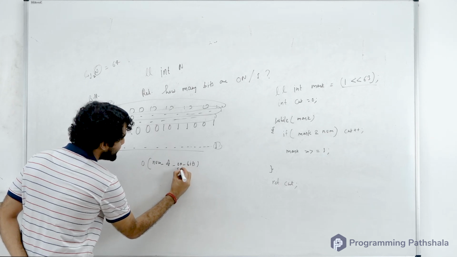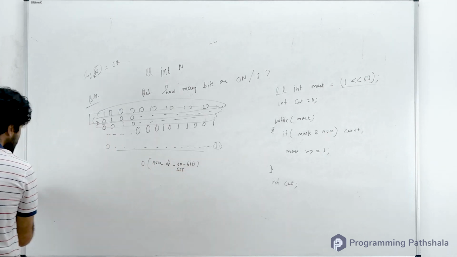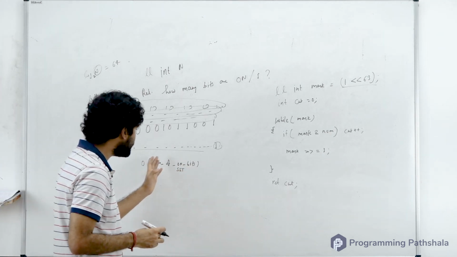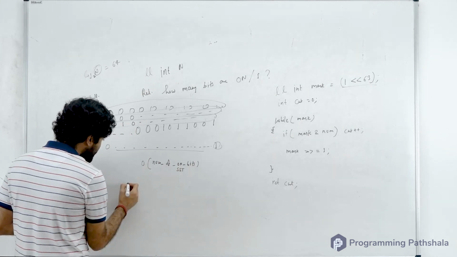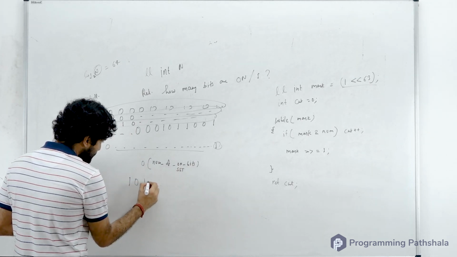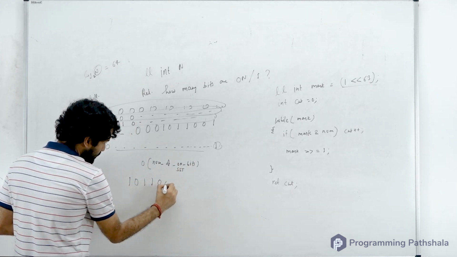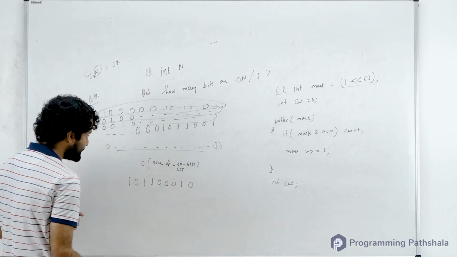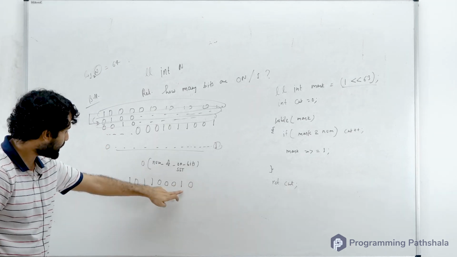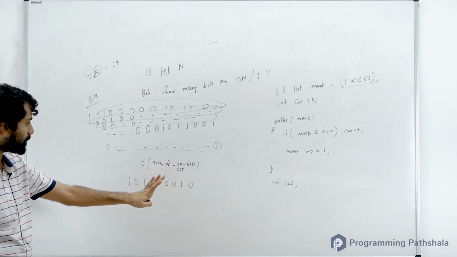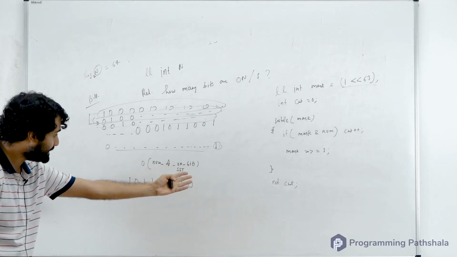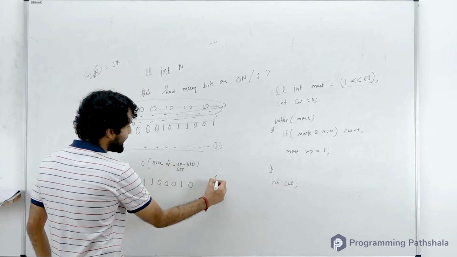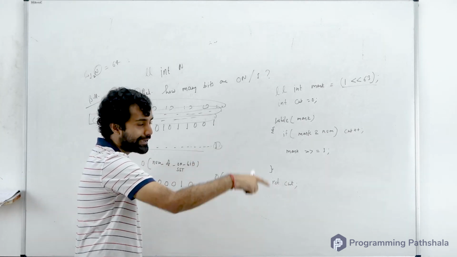On bits are also called set bits. So it should run in order of the number of set bits. So let's say there is a number whose bit representation is like this. So how many bits are on? 1, 2, 3, 4. Just 4 bits are on out of 9 bits. So the expectation is that you should just do order 4 looping.